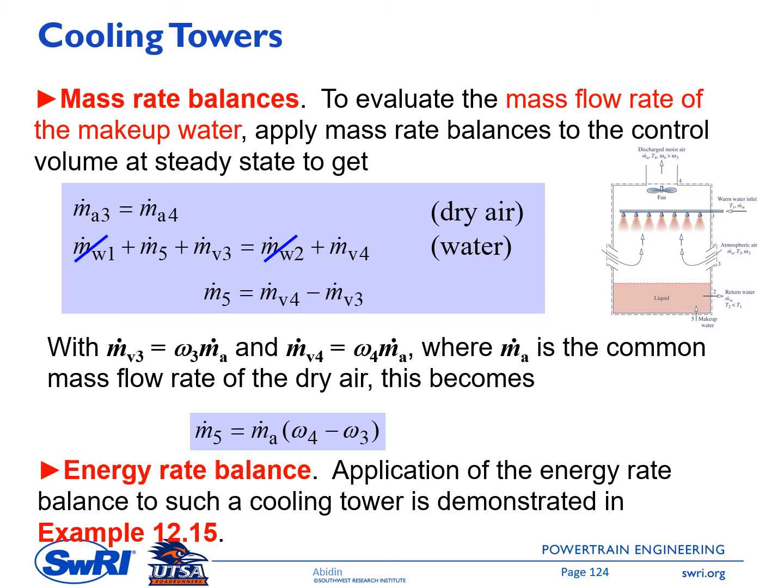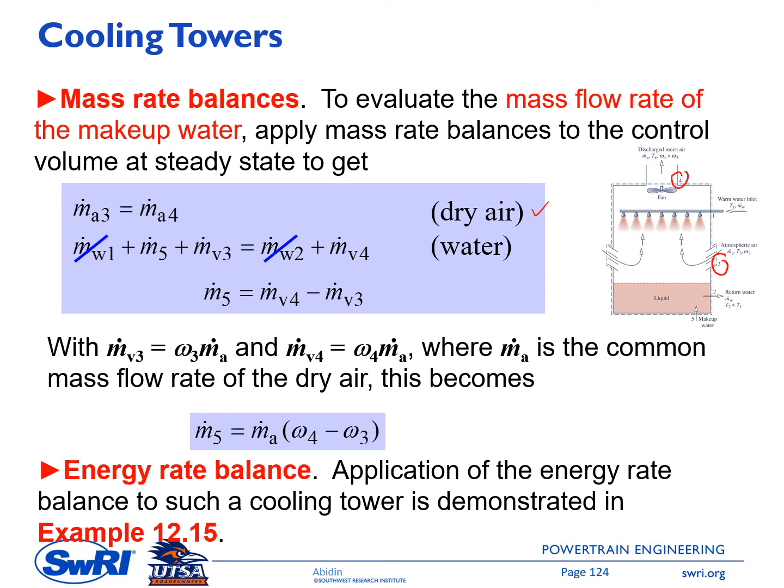To evaluate the mass flow rate of the makeup water, we can apply this rate balance to the control volume at steady state. The first equation here is the balance for the dry air. In this case, the dry air mass flow stays the same, meaning that m dot 3, the incoming moist air, equals m dot 4, at the exit of the cooling tower at the top side.